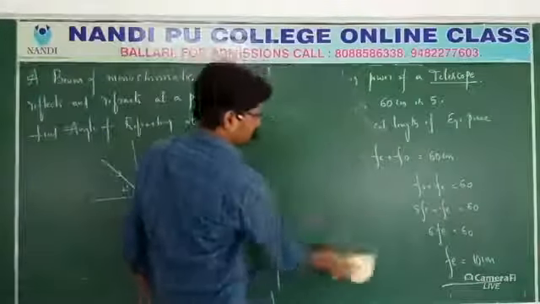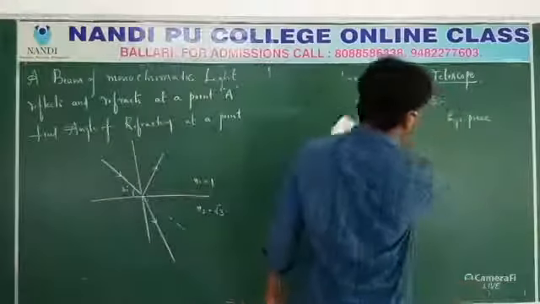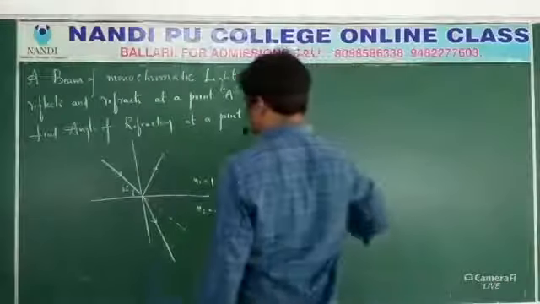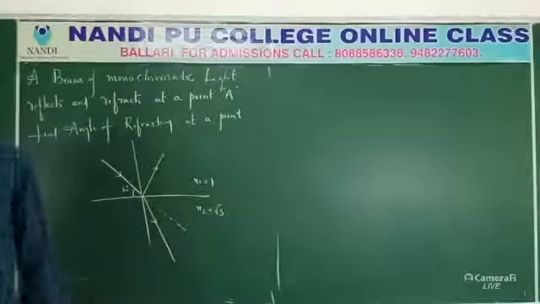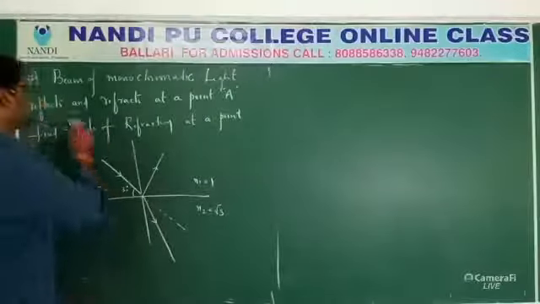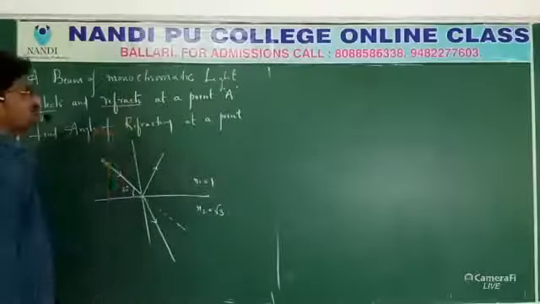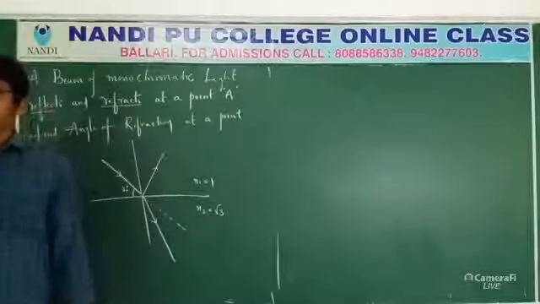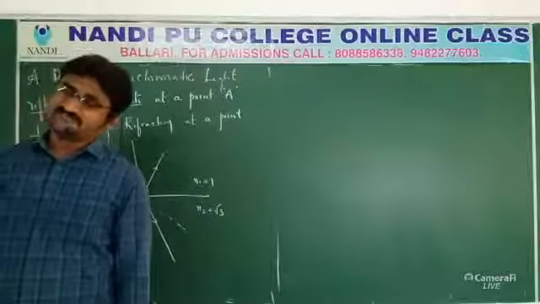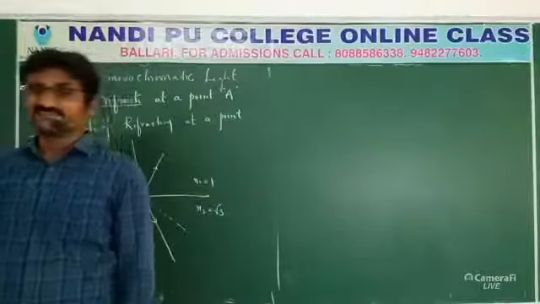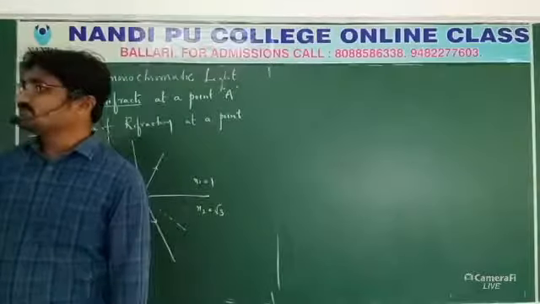So what we need to find out is the angle of refraction. Here two concepts we can apply. Whenever we have reflection and refraction at the same place, when the angle of reflection plus refraction is 90, we can take n is equal to tan theta.